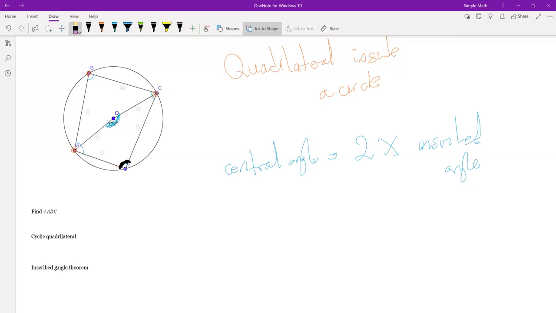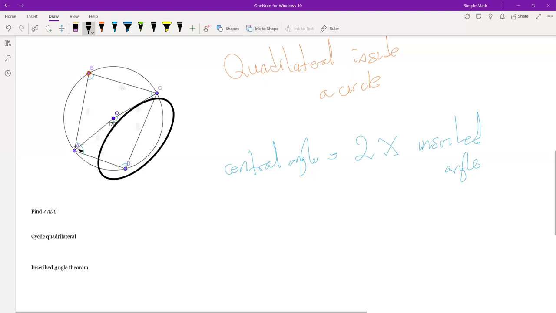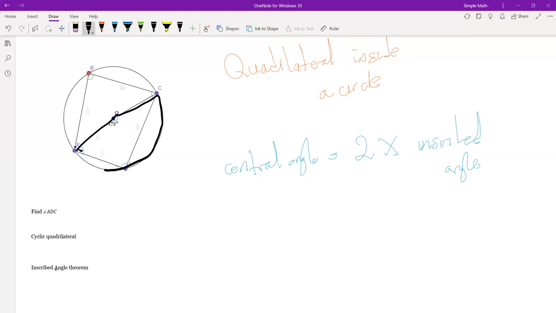Okay, so why wasn't it 2 times the angle, let's say here? Let me show you. This angle here is subtended by this arc. This angle here is subtended by the same arc, you can see it's facing this arc.